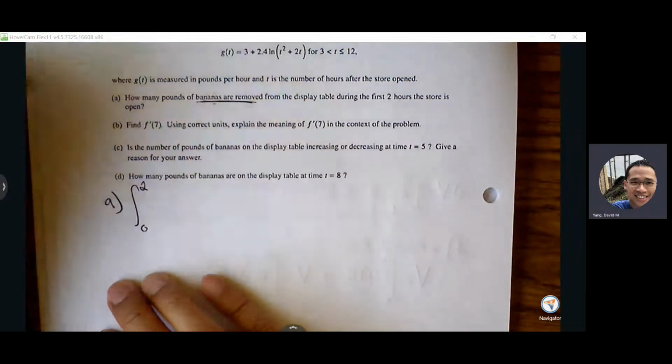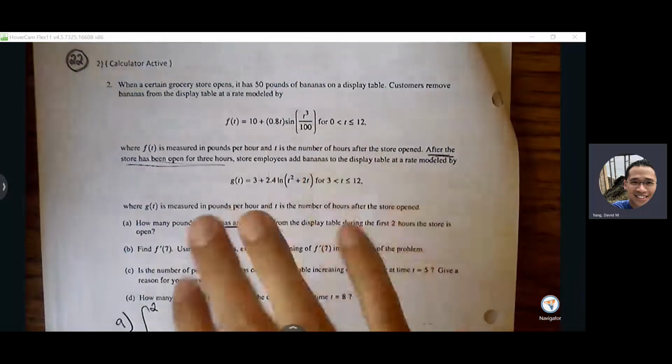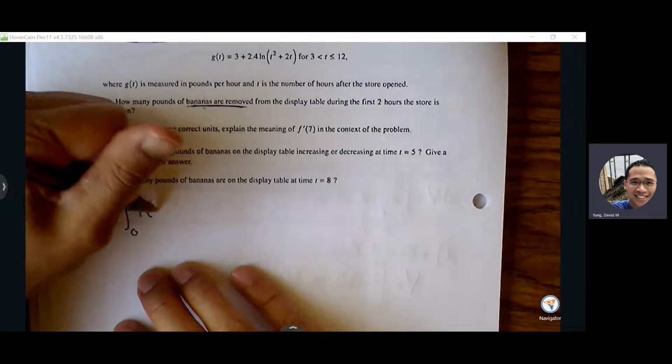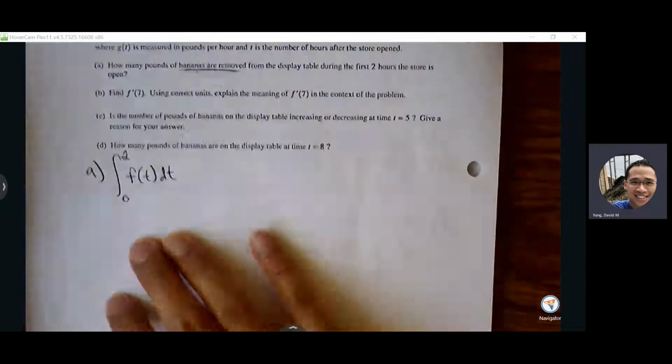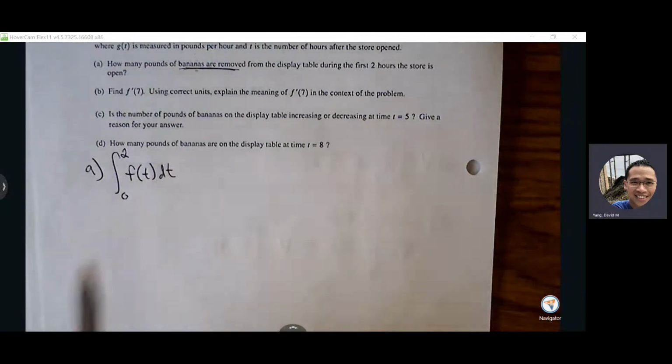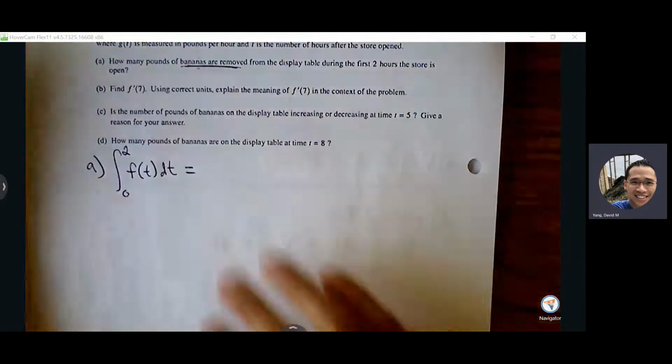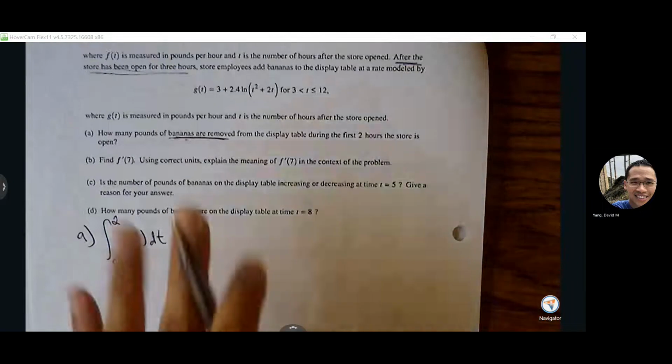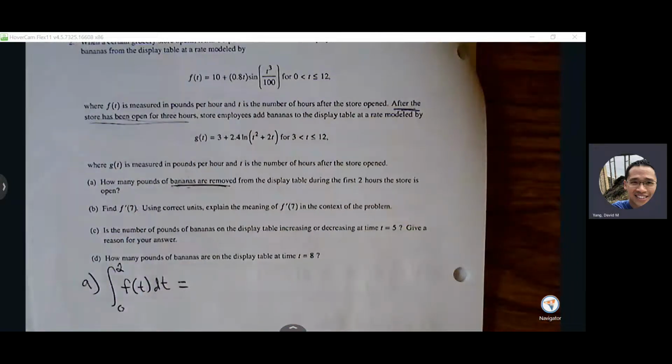So I want to accumulate the rate that bananas are being removed over the course of the 2 hours. If I accumulate all that rate, it'll give me the total number of bananas that have been removed in that time period. So we can make the calculator do this for us. Take the integral of f of t.